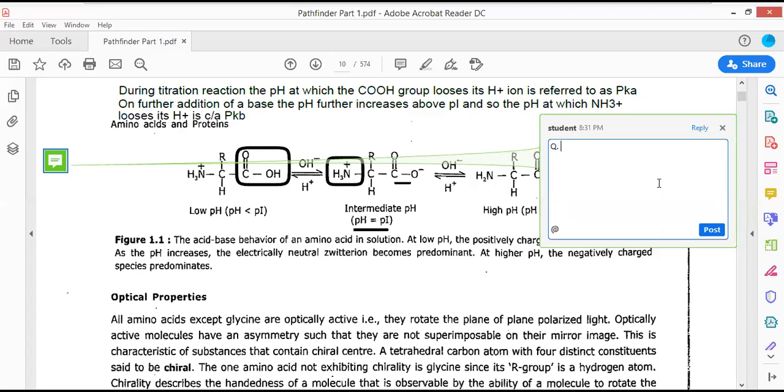For example, for an amino acid residue, if pKa is 4 while pKb is 10, the pI you just have to calculate with the formula: pI equals pKa plus pKb divided by 2.